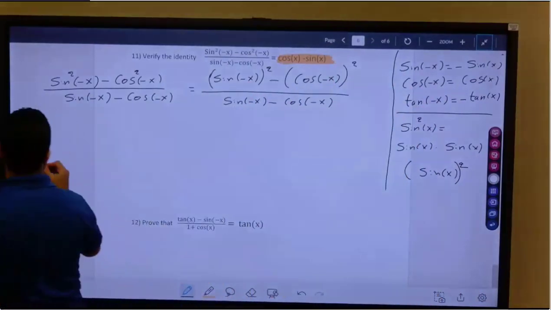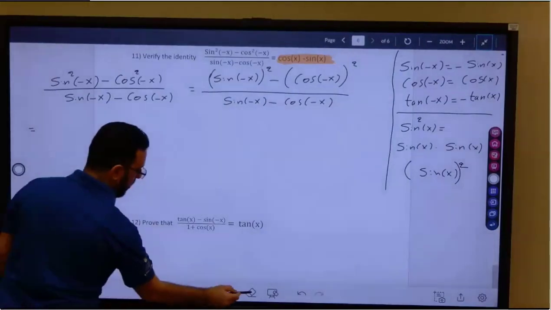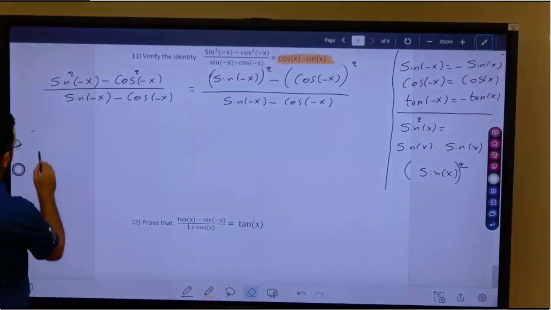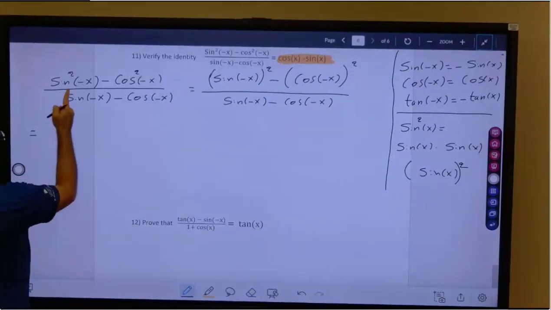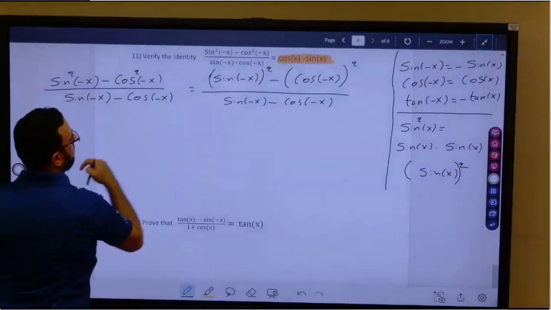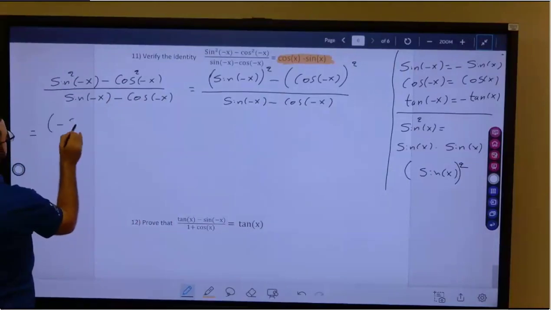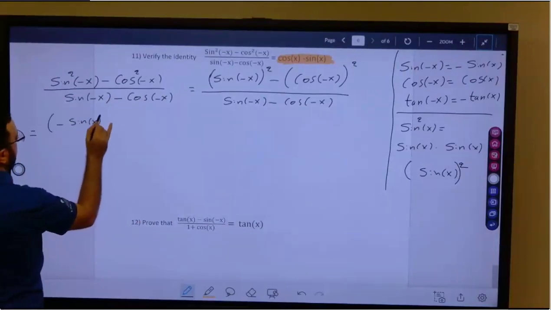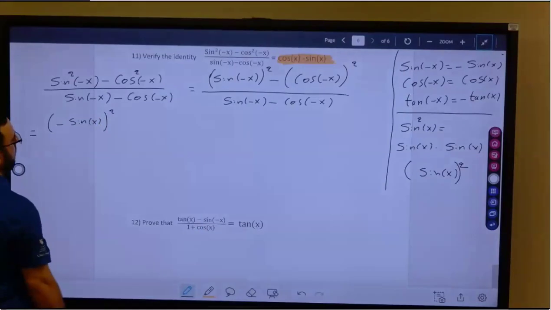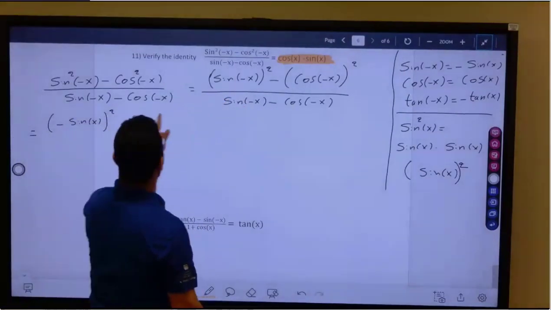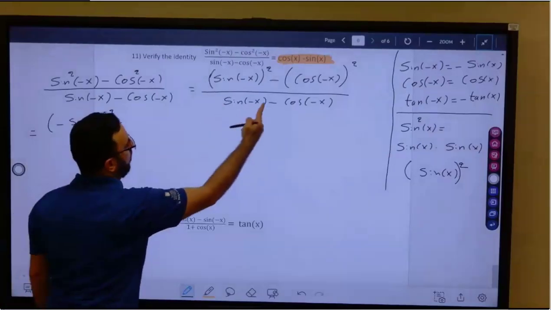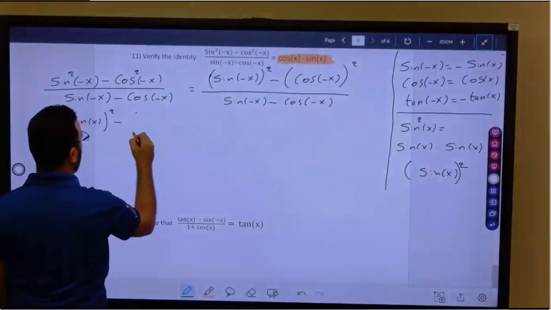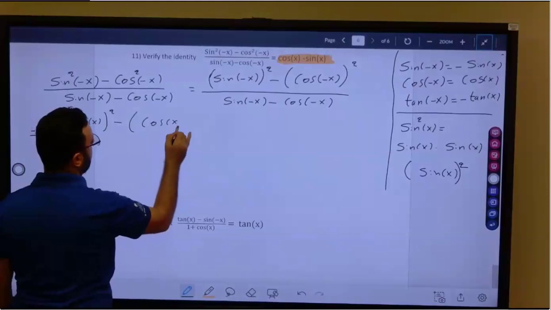So the numerator is negative sine x, squared, minus cosine x, squared.